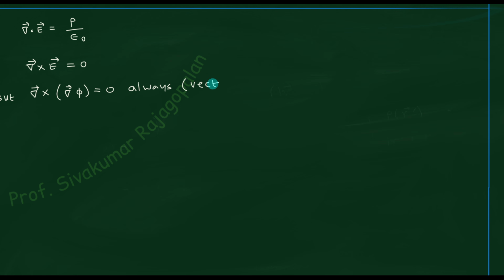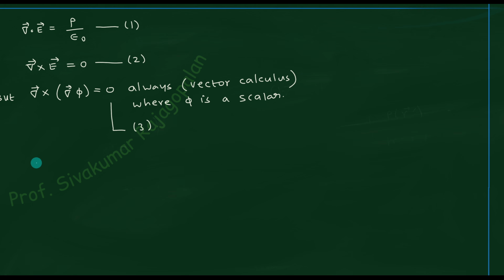That means I will say that according to vector calculus, irrespective of whether any physics is there or not, this particular rule is always valid. So why we are bringing this equation is that we can now compare. Now let us say 1, 2, etc., so that we can compare. So what we want to compare is equation number 2 and 3.